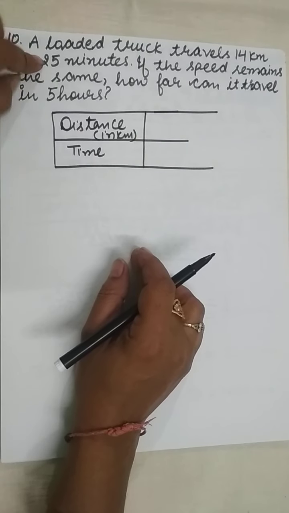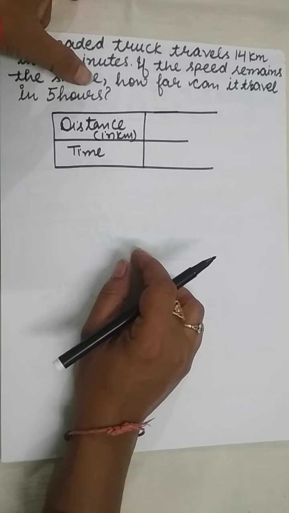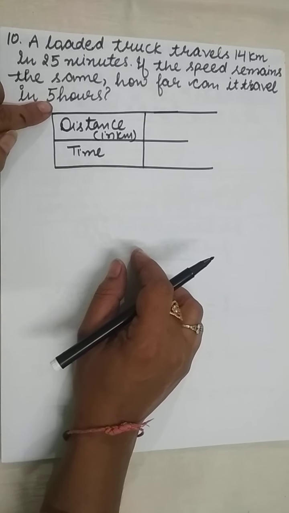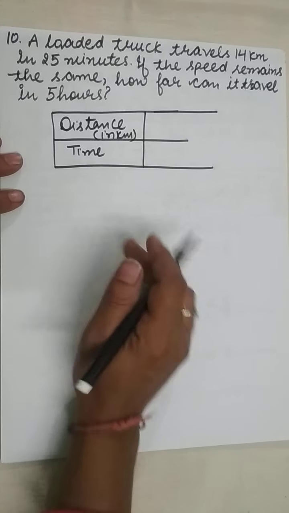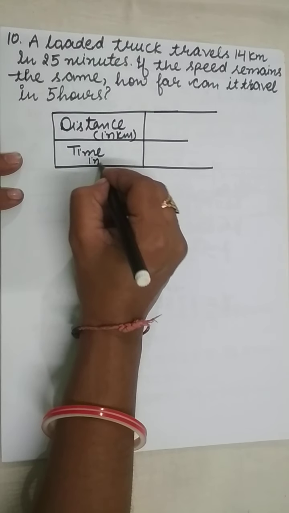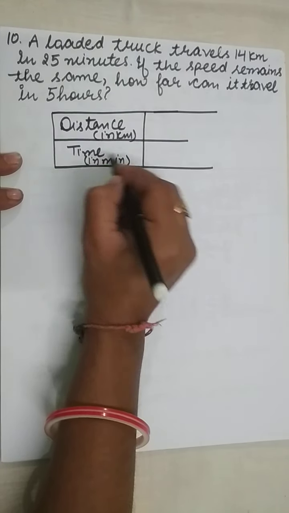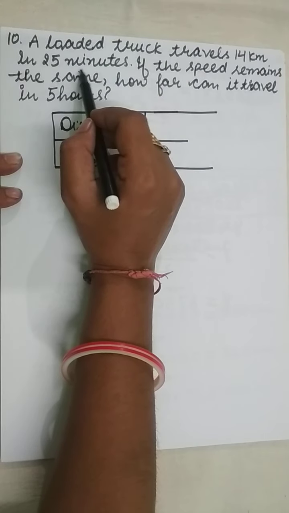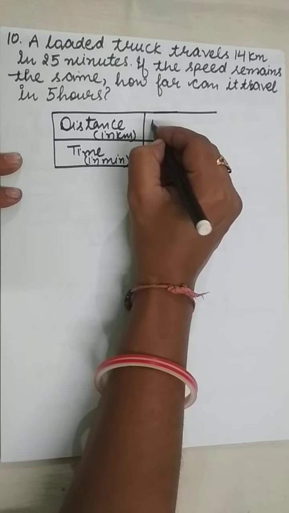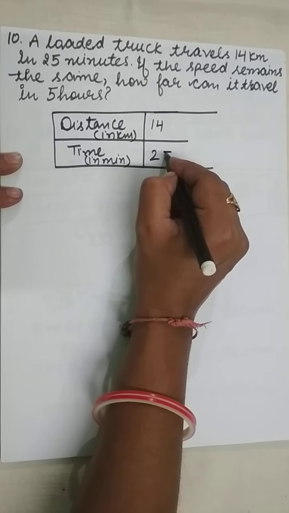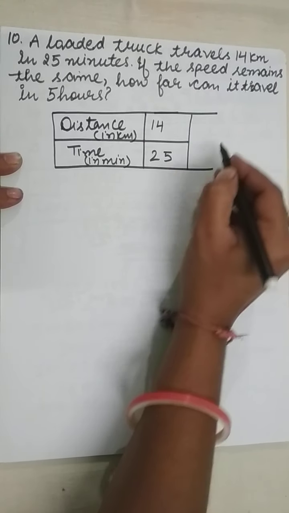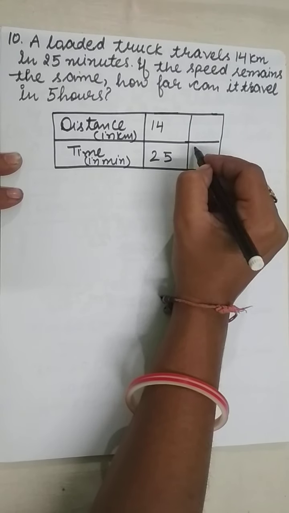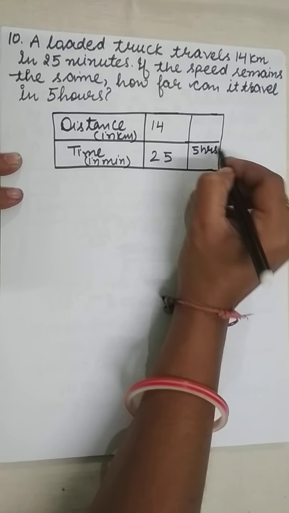as one value is given in minutes and the other value is given in hours, so we will change the term 5 hours into minutes. So I will write here time in minutes. The distance covered by the loaded truck is 14 km in 25 minutes, and we are to calculate for 5 hours.